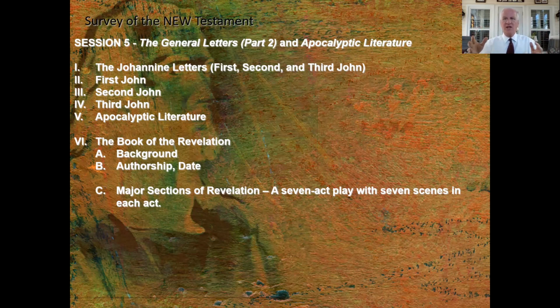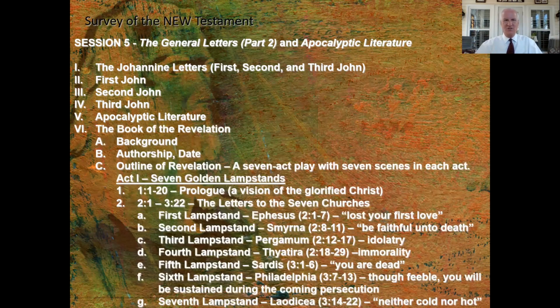So the book of Revelation is this 7-act play, and each of the 7 acts has 7 scenes to it. So Act 1 is about the 7 golden lampstands, and the lampstands represent the 7 churches, which were representative of the church at large.